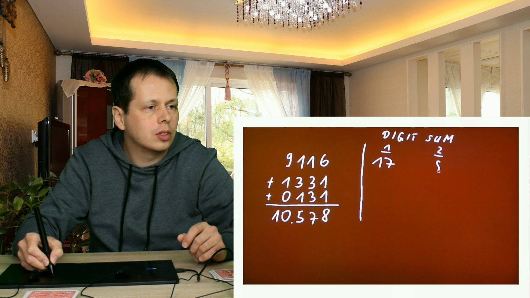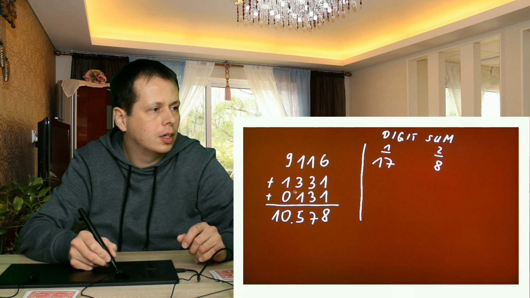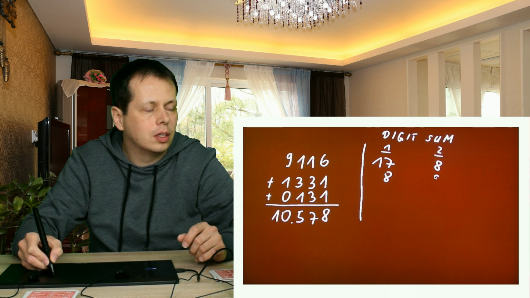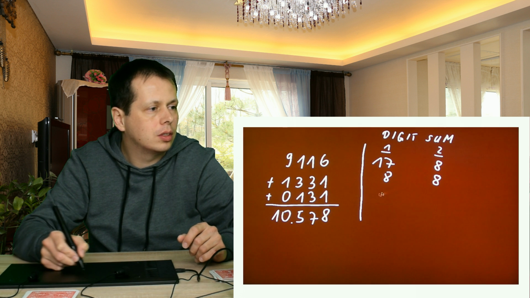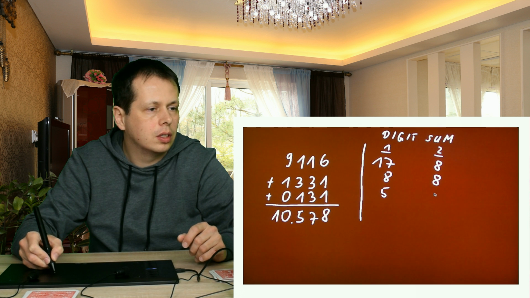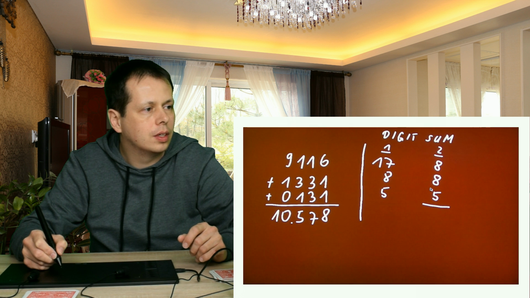So the next digit sum is 8, 4, 7, 8, stays at 8, and this is 5 and stays at 5.